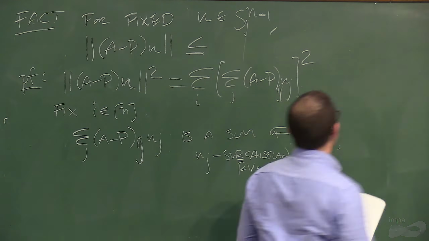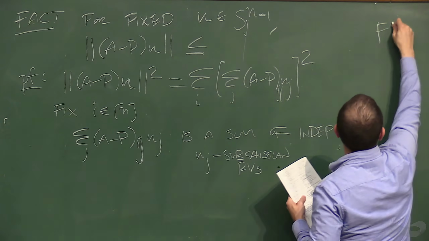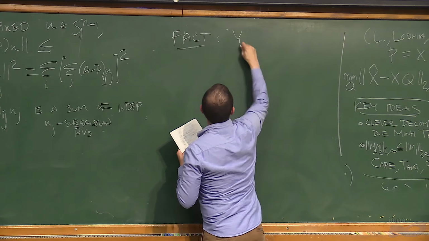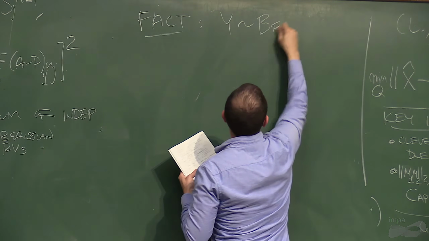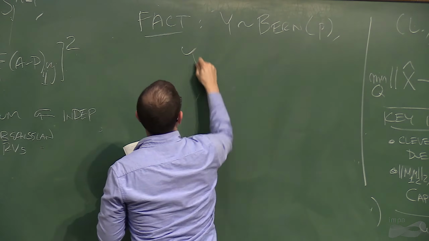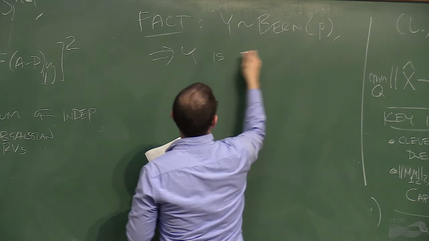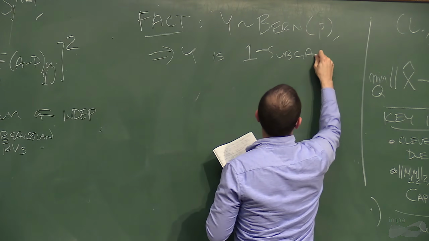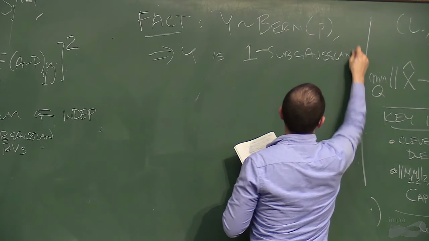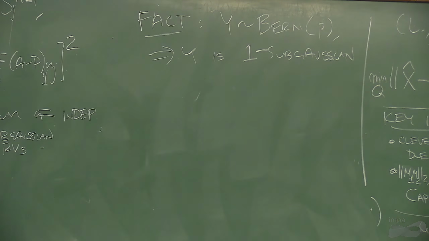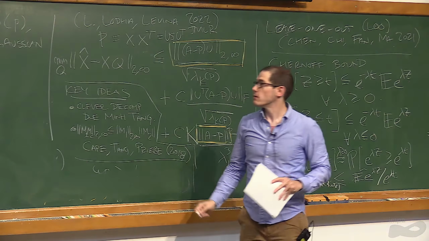Okay? Right? And I apologize that I did not mention for you yet that if y is Bernoulli with probability p, then y is 1 sub-Gaussian. You might already see why things are going to go wrong for us in terms of getting a sparsity result here, right?